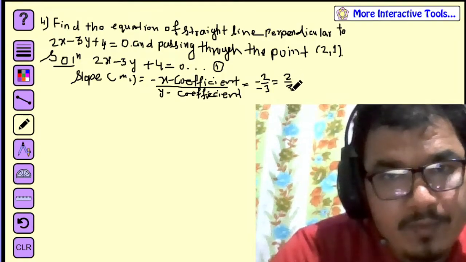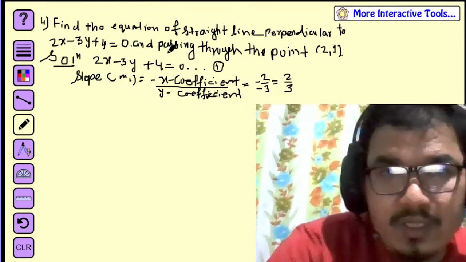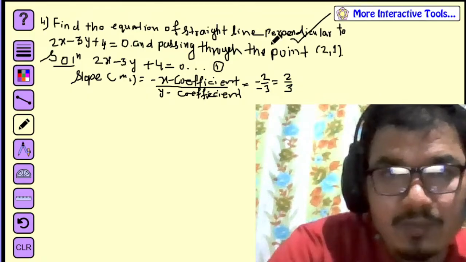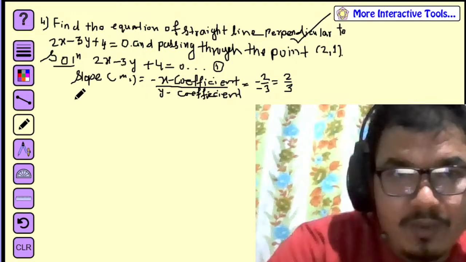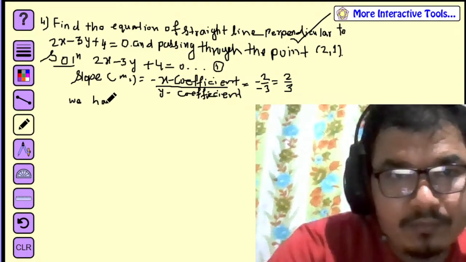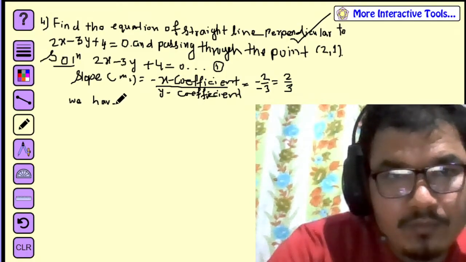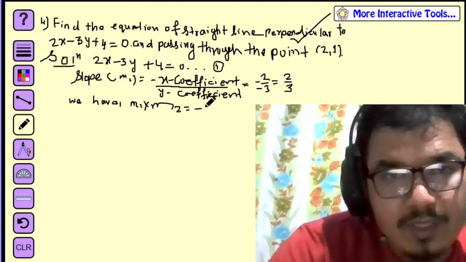And the question says we are going to find the equation of the line which is perpendicular. Sometimes they may ask parallel also. If perpendicular, then m1 into m2 equals minus 1.